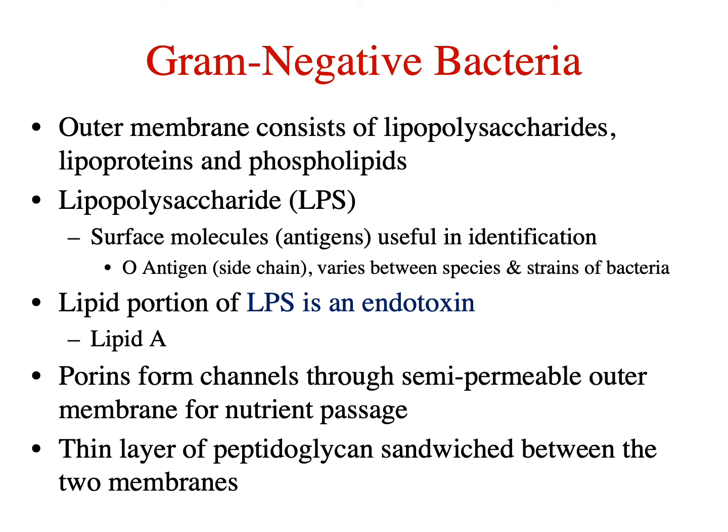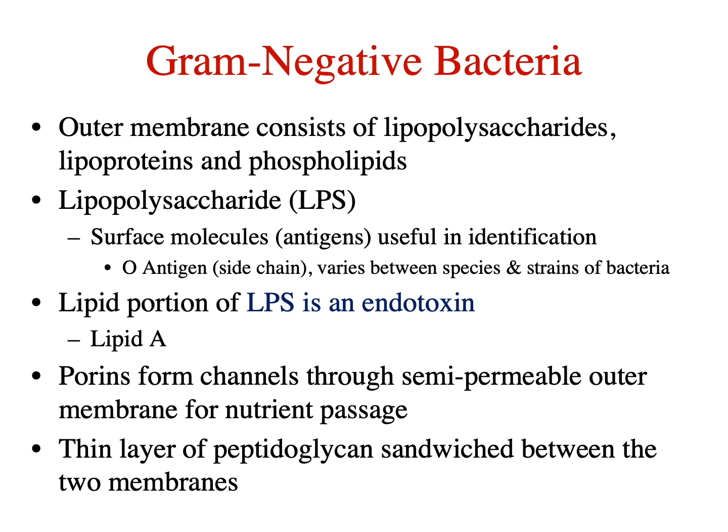The lipid A portion of the LPS is an endotoxin, and when a gram-negative bacteria is destroyed, the endotoxin is released from this LPS layer, and that's why killing a gram-negative bacteria that's causing an infection can cause an increase in signs and symptoms within a patient because you've released this endotoxin.